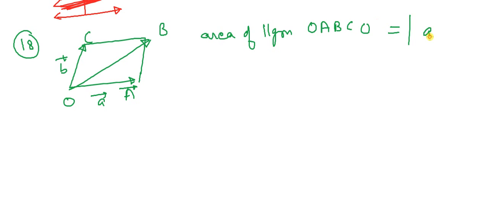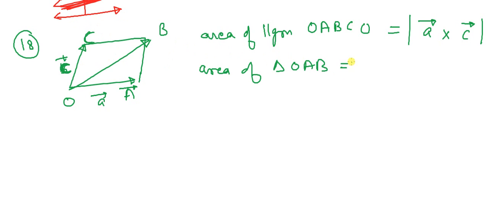It is equal to modulus of A cross C vector. I'm so sorry, this is your C vector. Obviously this should be C because I'm marking it as C. Then what will be the area of triangle OAB? It is half of the modulus of A vector cross OB vector this time.